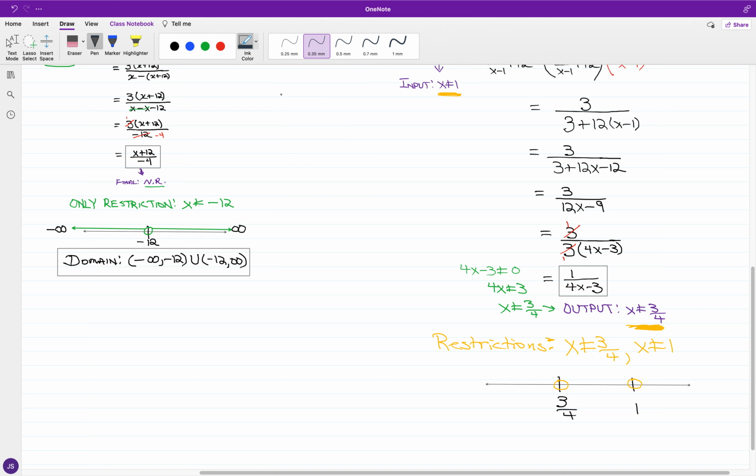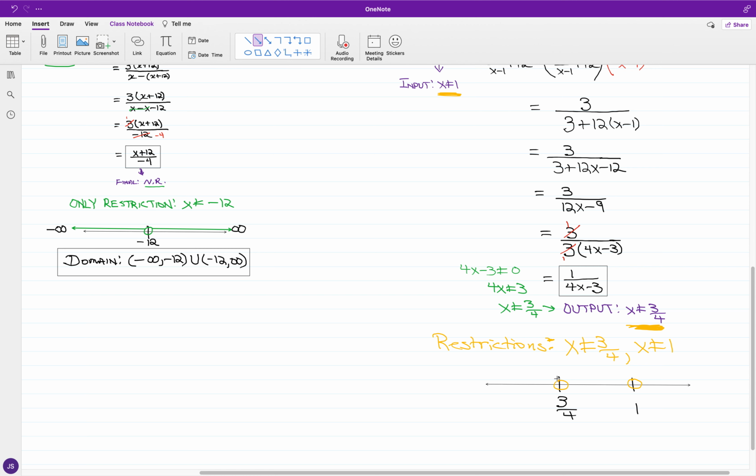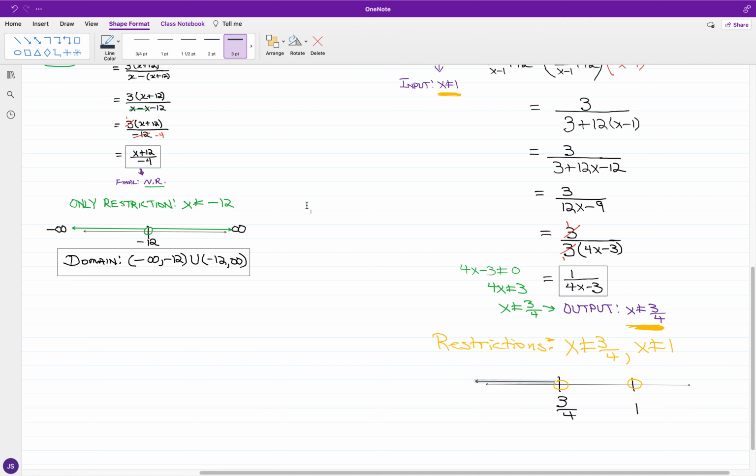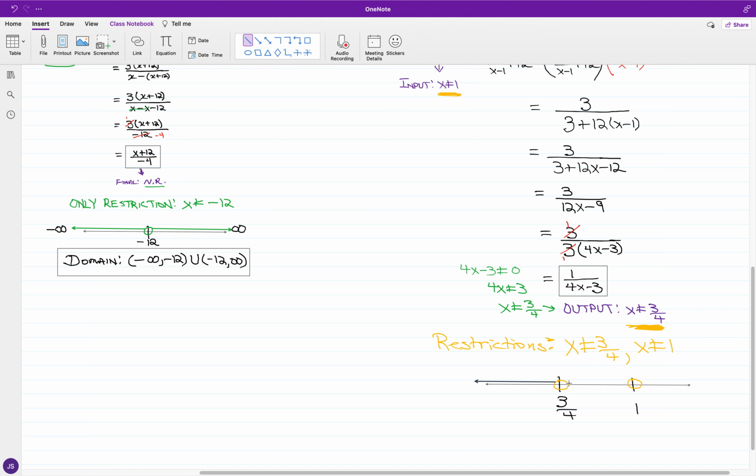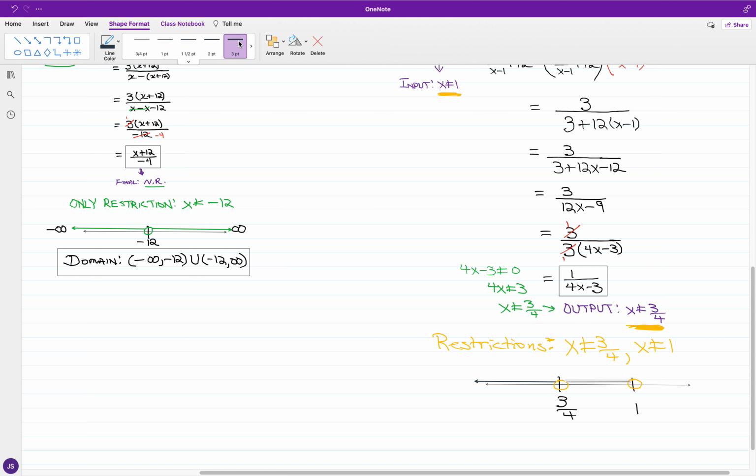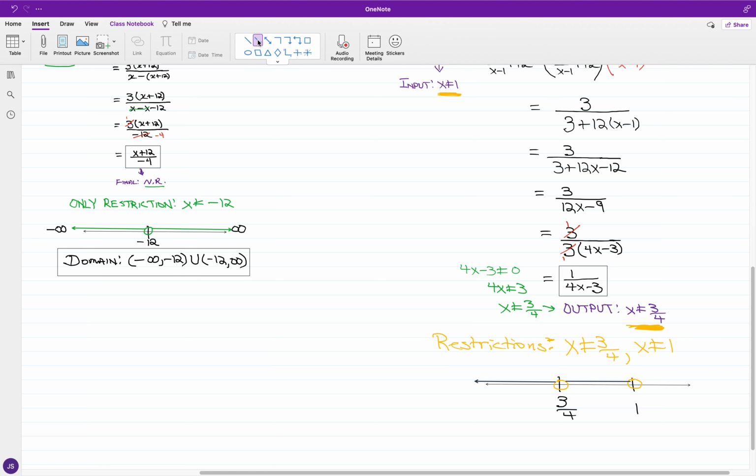And for what we have in the case of the domain, if I were to graph, you have values that would be less than 3/4. Now you have values between and not including 3/4 and 1. And we have finally those values, x, that will be greater than 1.